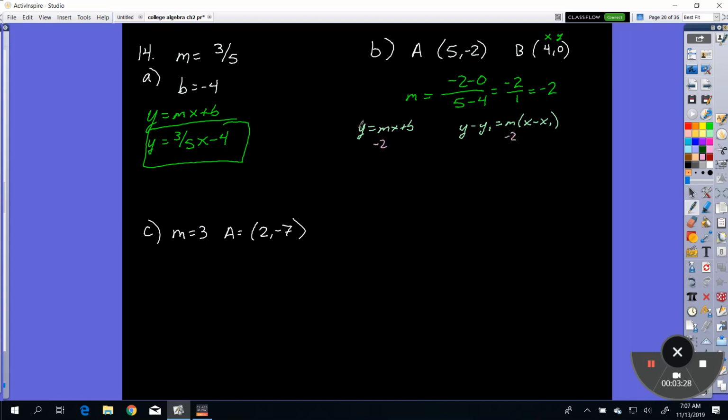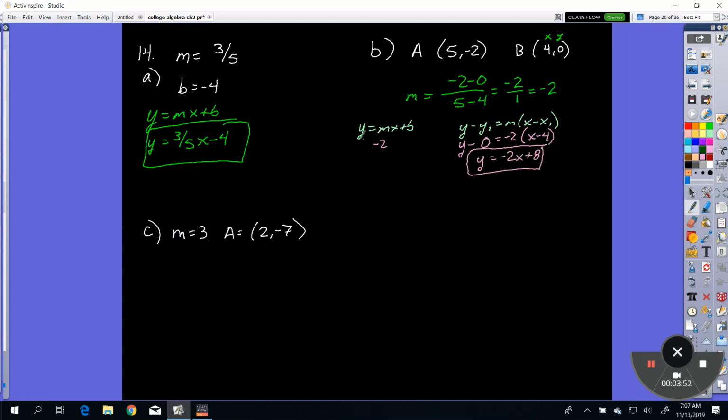If I use the point-slope equation over here on the right, that's my x1 and y1. So I have y minus 0 equals -2 times x minus 4. So y minus 0, that just goes away, equals -2x plus 8.